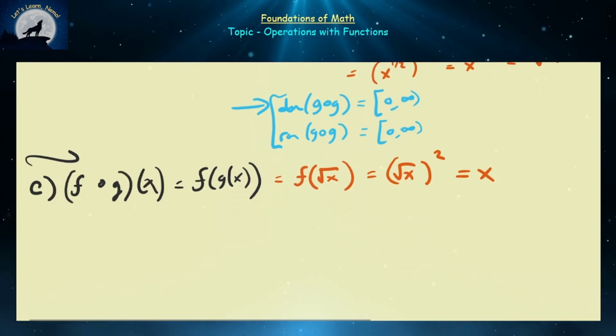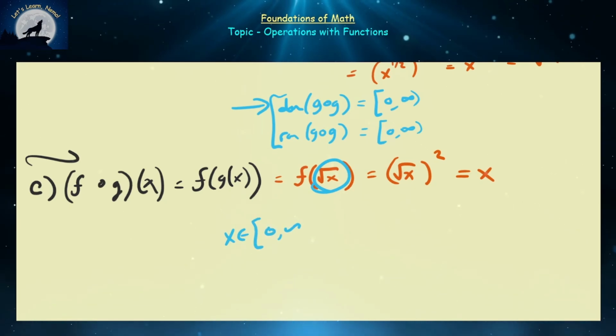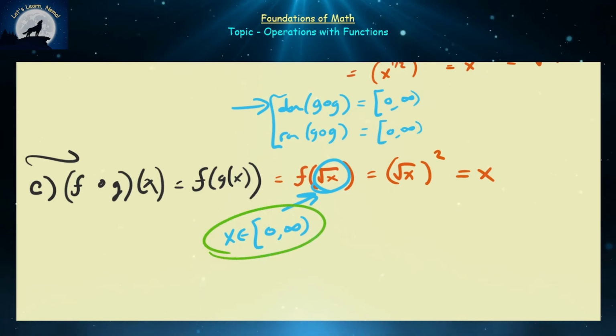So again, for our domain, x must belong to 0 to infinity for this piece to occur. And moreover, this is a subset of our overall range for g. Right, so that's the domain of f. So if you were to choose a value other than something between 0 and infinity, such as -2, the square root of -2 is not defined under this mapping.